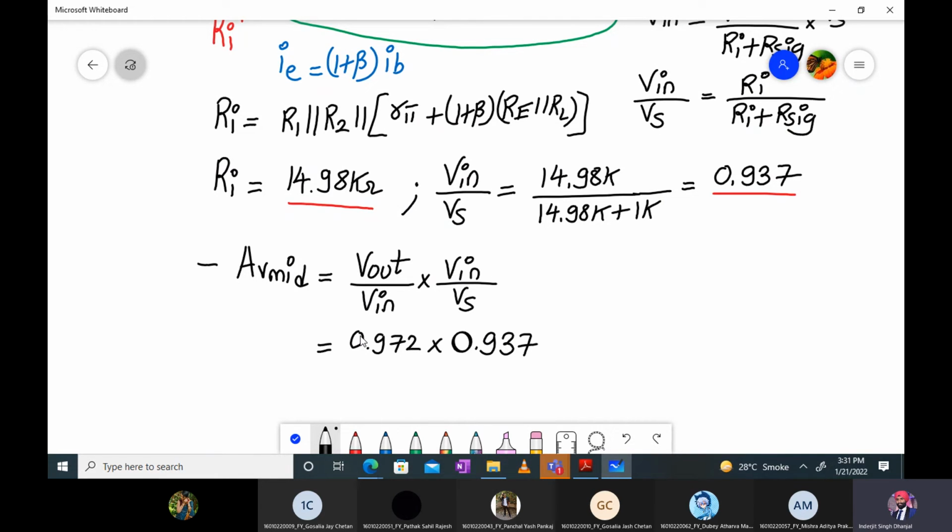The multiplication of the two will be 0.911. So that's the value of Av mid which we get.